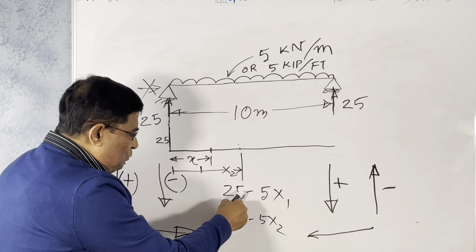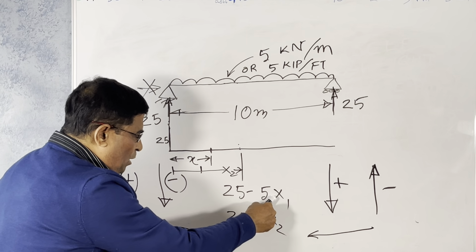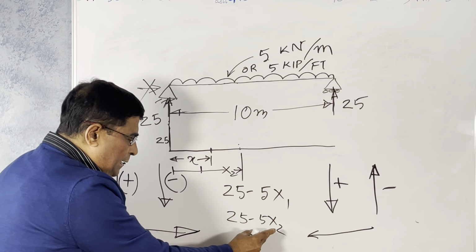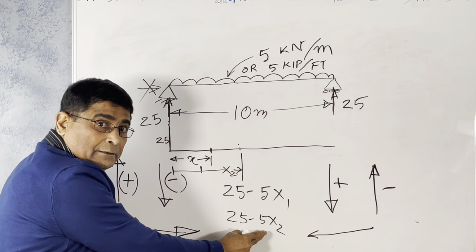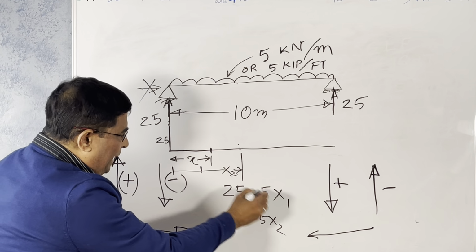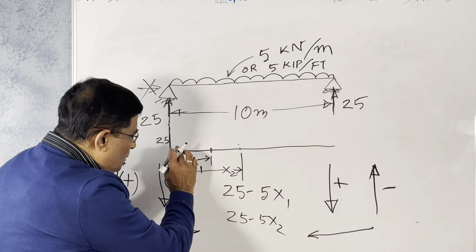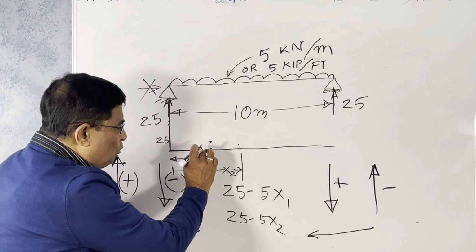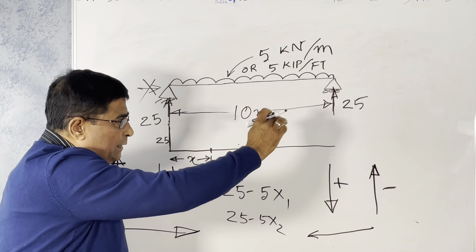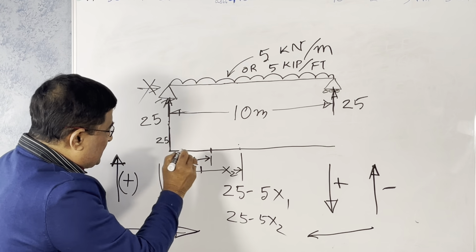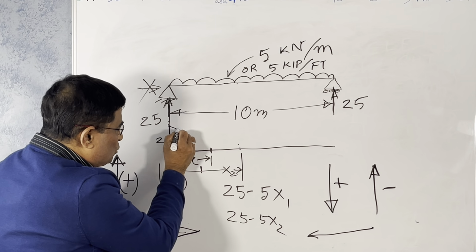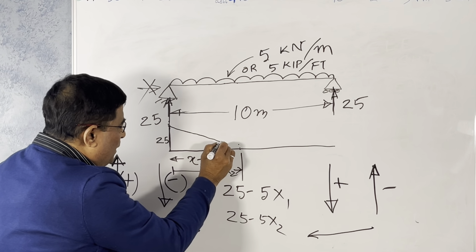When you subtract a smaller value from something, the result will be higher than when you subtract a bigger value. So x is gradually varying, 0, 0.1, 0.2, 0.3, 1, 1.5, 2, like that, and similarly your shear force is also gradually reducing.